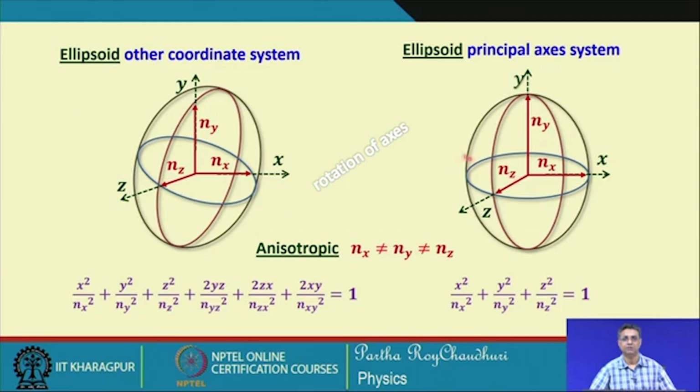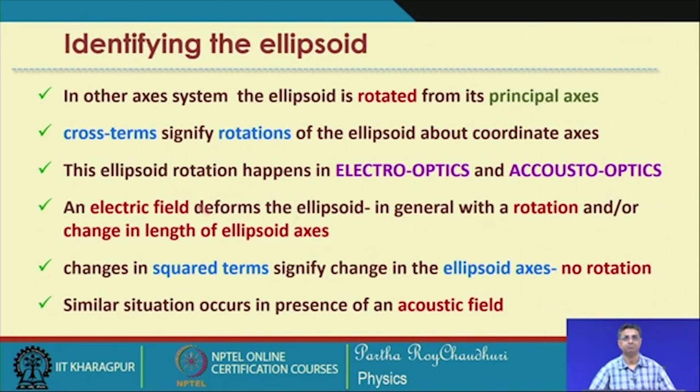Now, it simply suggests that this ellipsoid and this ellipsoid are the same, but the axis is rotated, or the ellipsoid is rotated with respect to the stationary axis system. Now, how do we identify the ellipsoid? In another axis system, the ellipsoid is rotated from its principal axis system.